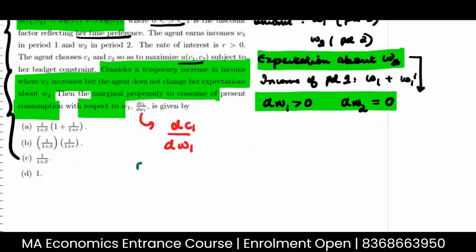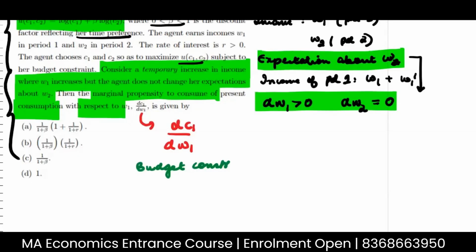My budget constraint will be W1 plus W2 upon 1 plus R is equal to C1 plus C2 upon 1 plus R. Total income is equal to total consumption. This is my budget constraint.